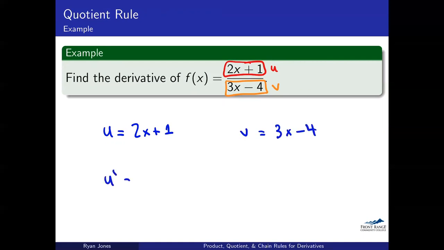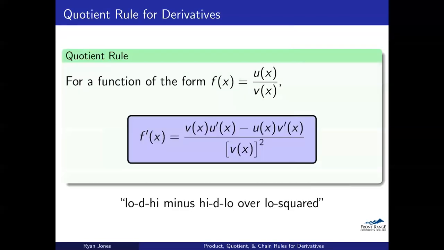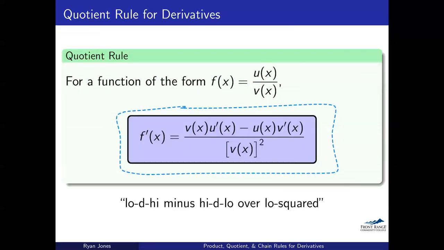Let's take derivatives of these. 2 and 3, right? Those are just lines, so we get that slope, that derivative just right off the bat, just using the power rule right there. So at this point, I'm pretty much done. I just have to plug into our formula that we have back here. Let's go ahead and copy this guy so we can see it on our next slide.